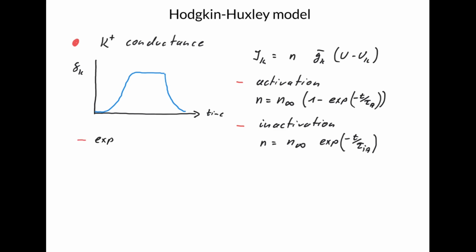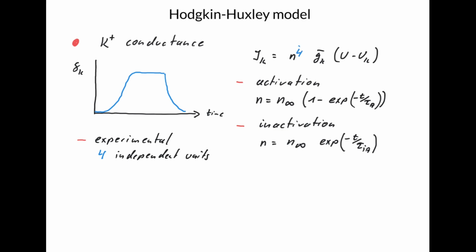Now, if you look in a little bit more detail, you will find that in the activation part, this simple equation, the 1 minus an exponential, is not sufficient to explain the behavior.